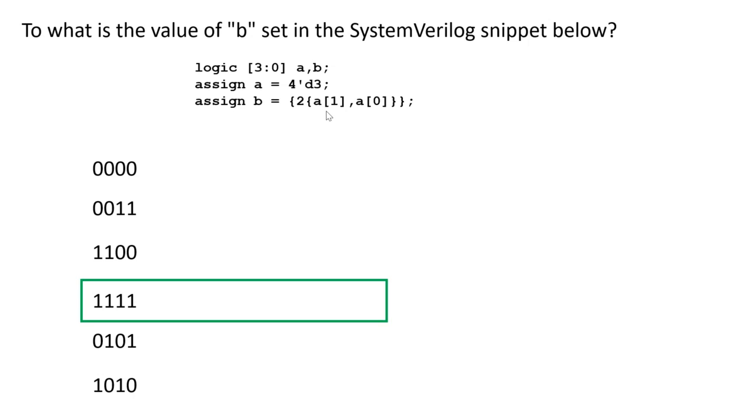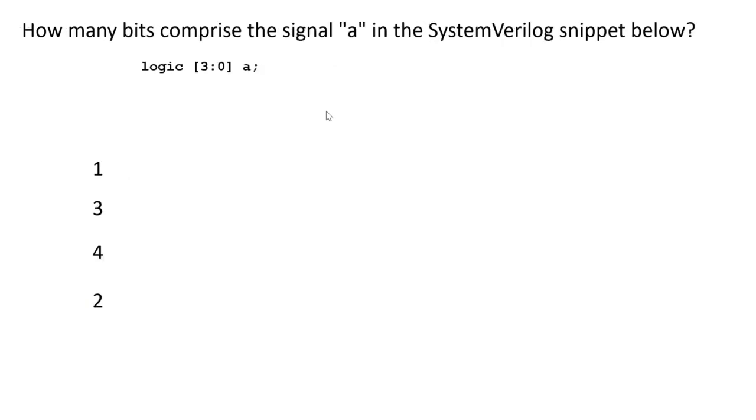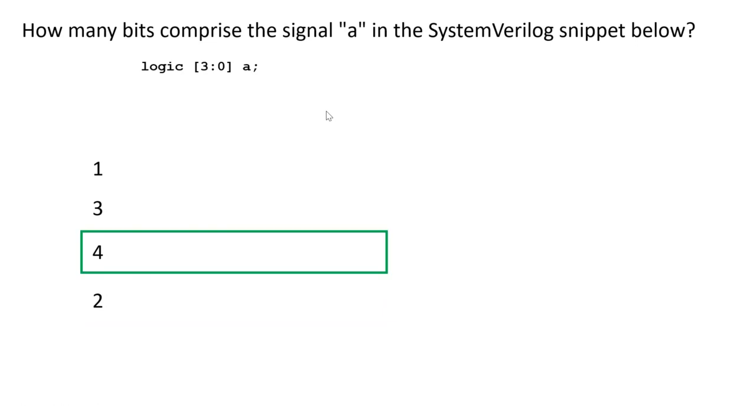But no matter, you should have got that right regardless of how you answered it. How many bits comprise the signal A in the SystemVerilog snippet below? That's easy, 4. If you got this wrong, it might have been because you saw 3 and you said 3. I mentioned last lecture that this to this day throws me sometimes. You look at this thing and you say, oh, 3, it's a 3-bit signal.